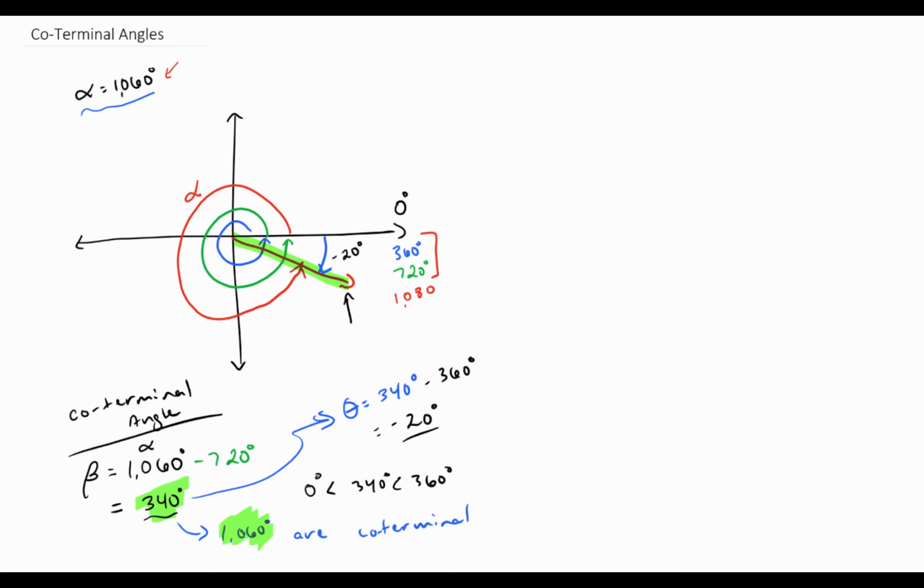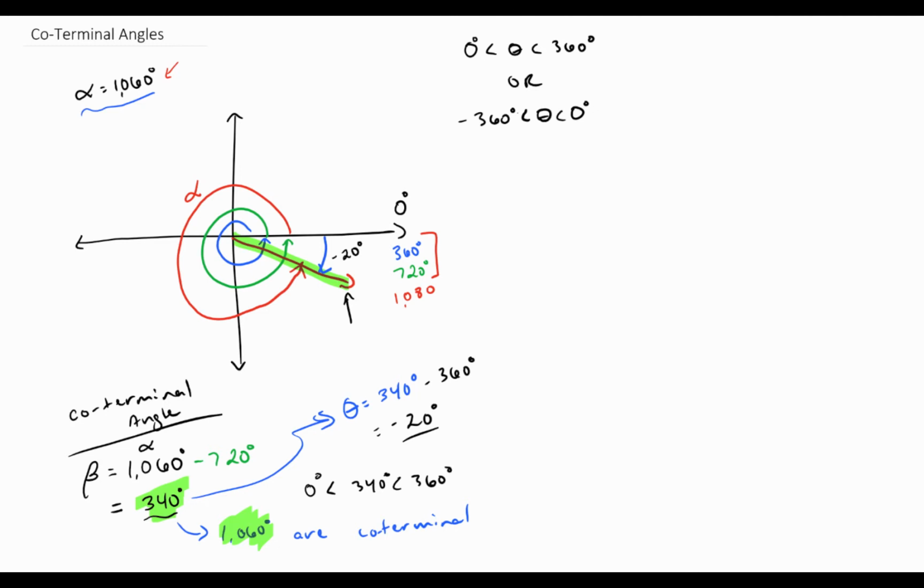So we basically have a couple of options. I personally think that it is best to either get the angle in between 0 and 360 degrees, or in between negative 360 degrees and 0 degrees. The reason for that is I don't want to have to count extra revolutions. I want to efficiently get to my location.